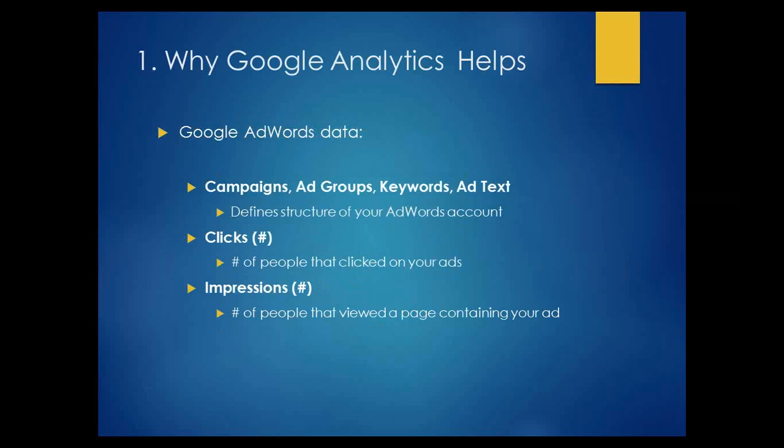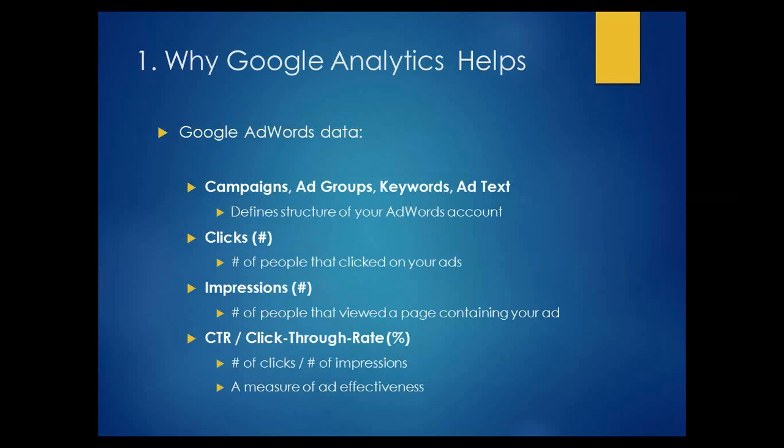Those 2 metrics are important, and they combine to a third metric called CTR, or click-through rate. This one is presented as a percentage. It's a rate, and it is defined as the number of clicks divided by the number of impressions. Generally speaking, CTR is a measure of how effective your ads are.